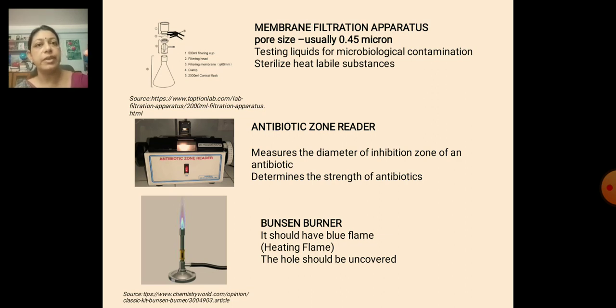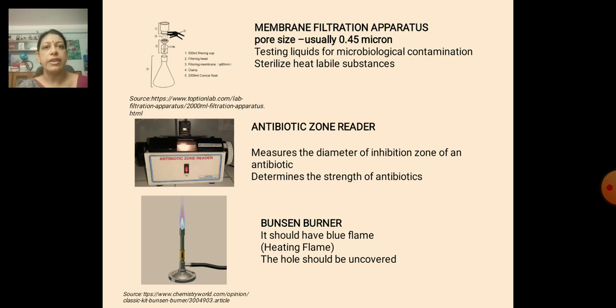The wire should be heated to red hot condition. Secondly, for example, when we are opening any test tube, we should hold it in front of the flame, so that any microorganism or any contaminant, if present, will be killed by that heat.